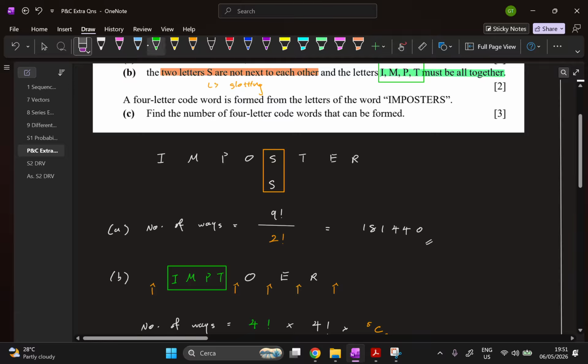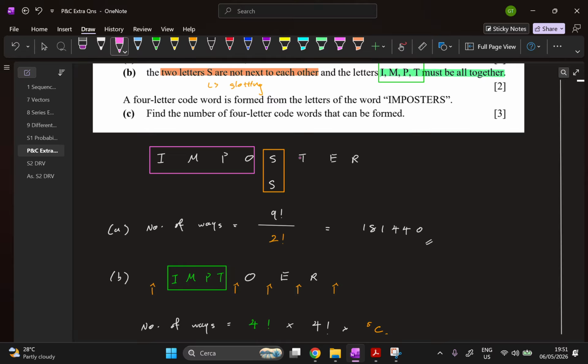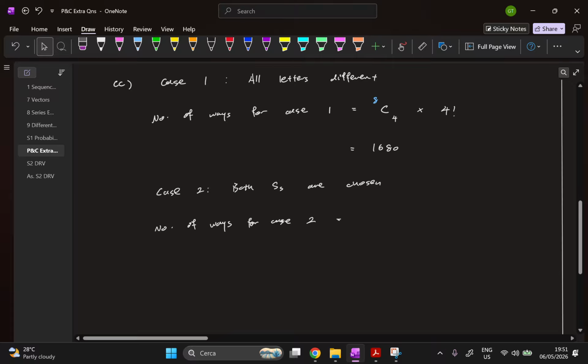So how many more letters do I have to choose from? Both of these have their places locked in already. So how many more places do I have that have not been locked? 2, right? And out of the 2, I have 7 more distinct letters that are not S to choose from. So that's my choosing done.